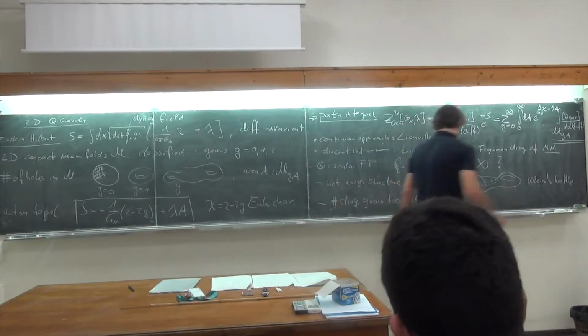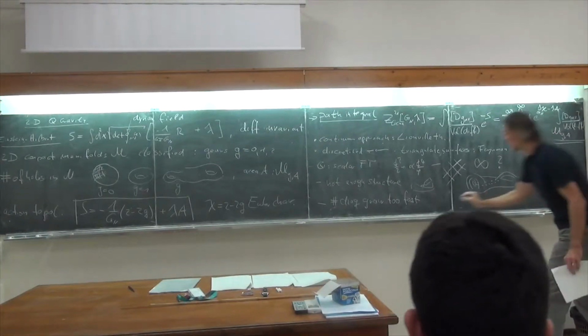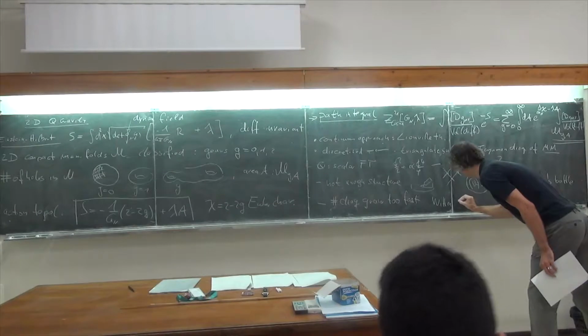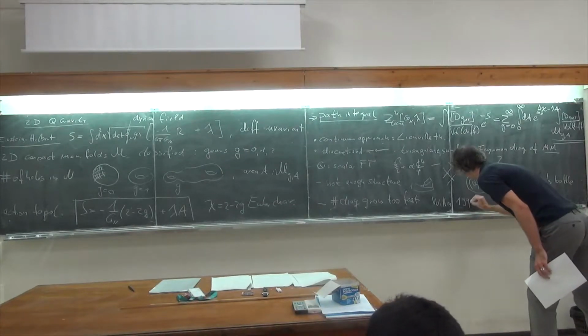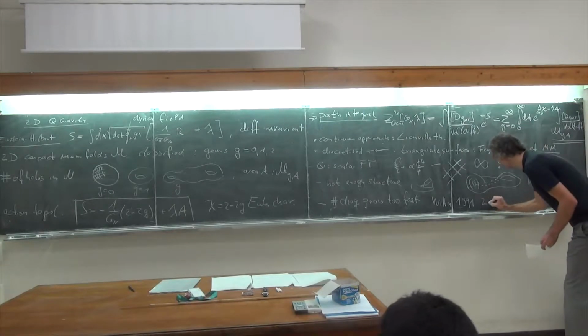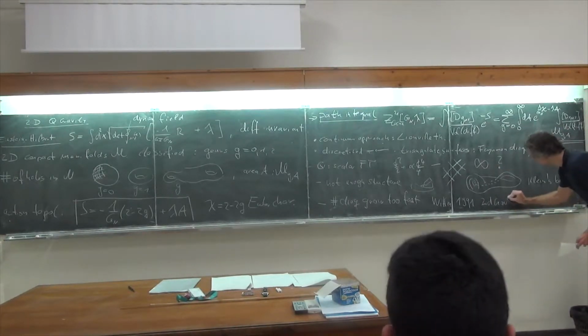And if you want to read more about this, there's an article by Ed Witten from 91, where he explains this much better and in more detail than I can do now. And this is called 2D gravity and intersection theory on moduli space.